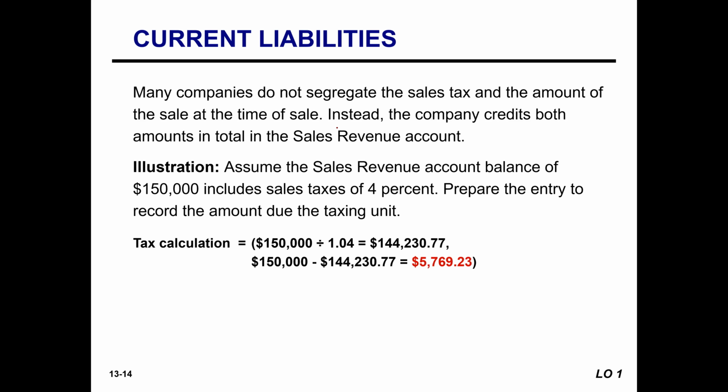And so you see that here. 150,000 divided by 1.04 equals $144,230.77. And that represents the actual sales revenue. So if we take the 150 minus the 144, the difference there is actually the sales tax. And so we would debit revenue, credit sales tax payable for that amount.